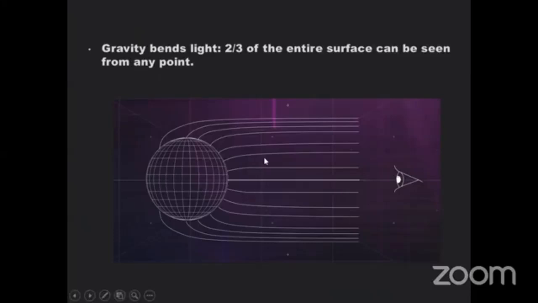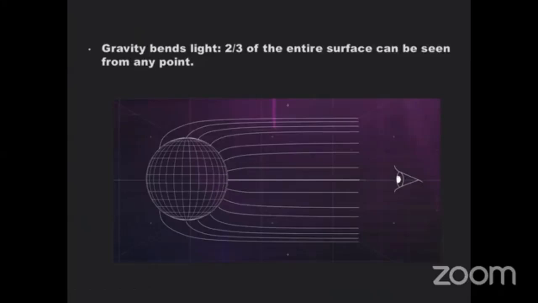You can even see half of the surface, or even more than half, because of the small size. Remember I said that neutron stars are small. So because of the small size of a neutron star, it is possible for you to also see 2/3 of the entire surface of a neutron star.